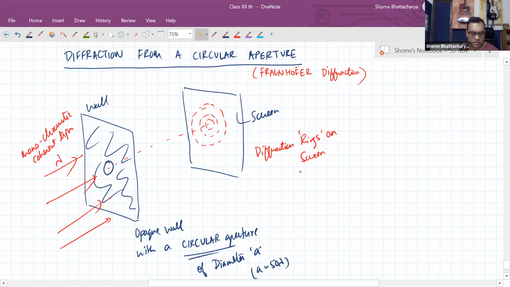Okay. Like we see a central maxima that is like a bright disk of light. Then first minima is a dark ring around it.